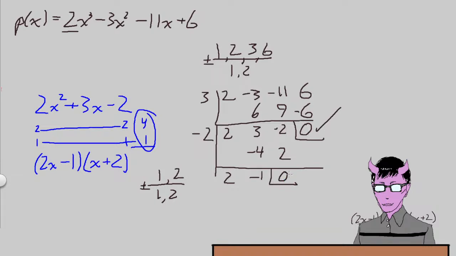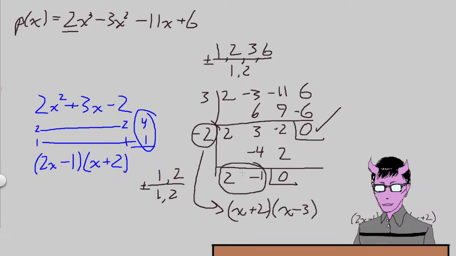The fact that we got a 0 here means that -2 is a 0, which again, translated, means that x plus 2 is a factor. In conjunction with the 3 up there, which is a 0, that means x minus 3 is also a factor. What are these leftovers? The leftover is actually 2x minus 1. So that's our third factor. And then we're done. This one is a little less efficient.